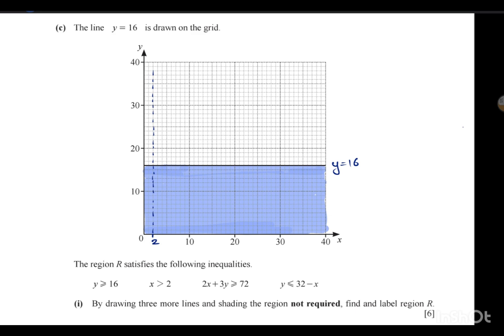So x greater than 2 is this line. Write down x is equal to 2 here. Shading should actually be on the right side of the line, but because it is not the required region, you shade only this part.